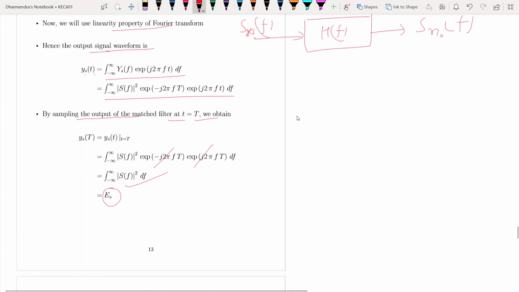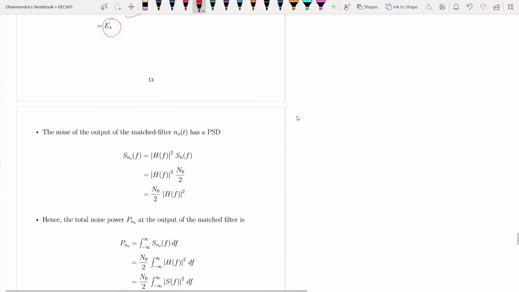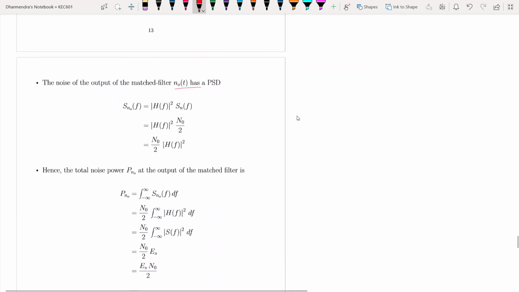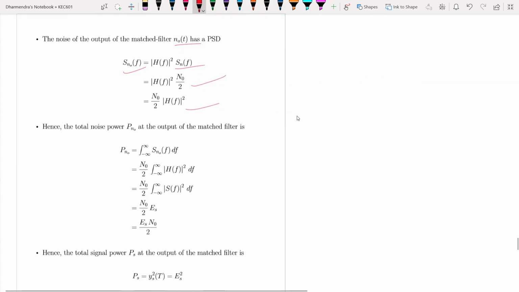This is the signal component. Now the noise at the output of the matched filter has a PSD. The PSD of the output of an LTI system is the square of the magnitude of H of f multiplied with the PSD of the input signal. This can be written like this. Hence, let us calculate the total noise power.